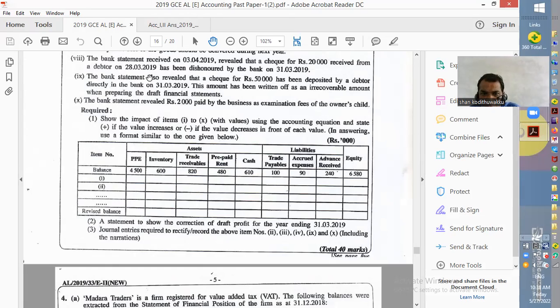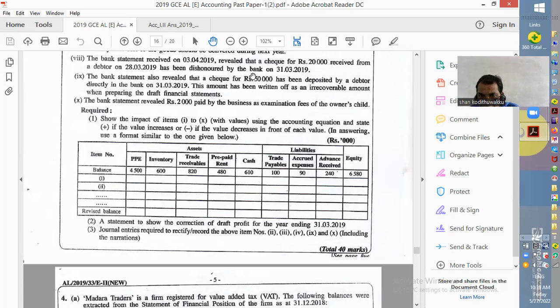The bank statement also revealed a check of 50,000 has been deposited by a debtor directly in the bank on 31st March 2019. This amount has been written off as an irrecoverable amount when preparing the draft financial statement. That means the bank statement revealed that the check for 50,000 was deposited by the debtor directly in the bank on the last day of the current account period.